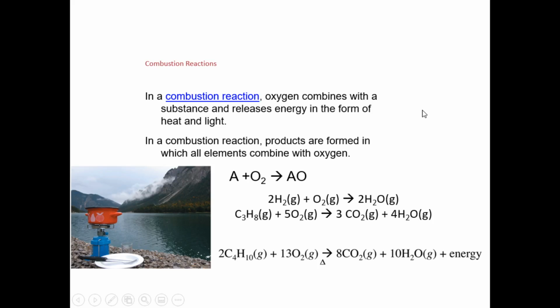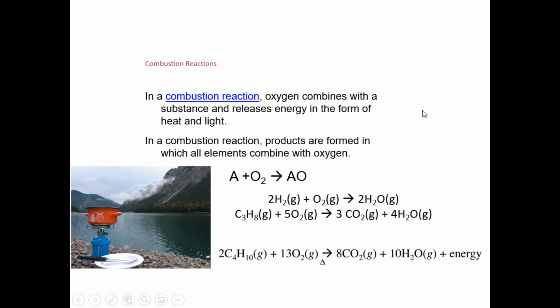So we went over synthesis, we went over decomposition, double, single, and then our fifth type is combustion. It's important to note that combustion reactions are just a special type of synthesis reaction. In a combustion reaction, oxygen combines with a substance and releases energy in the form of heat and light.